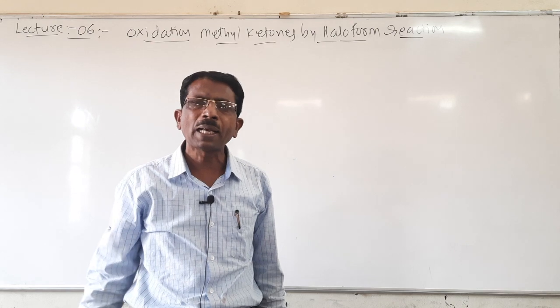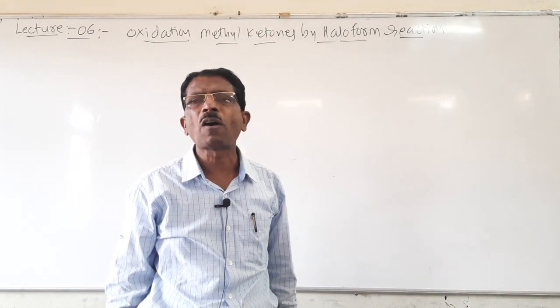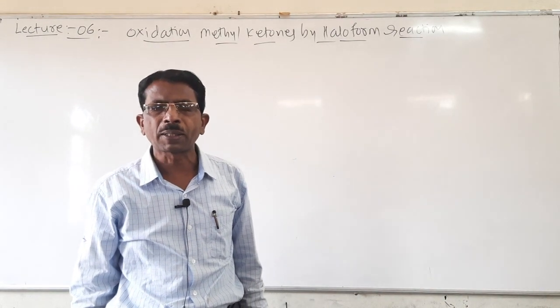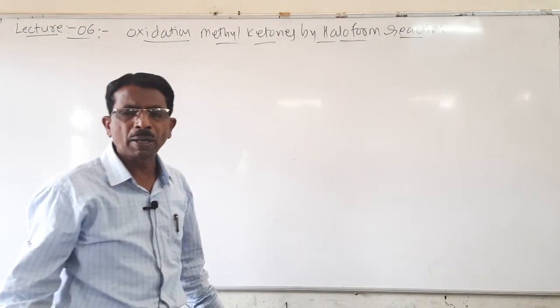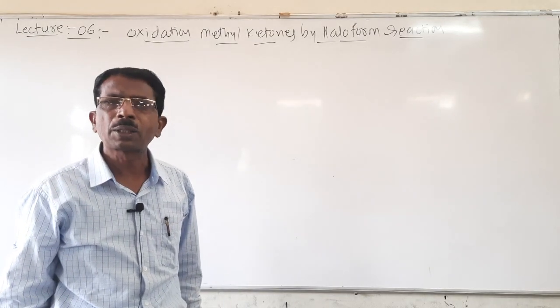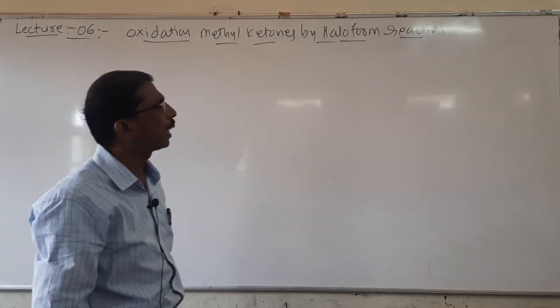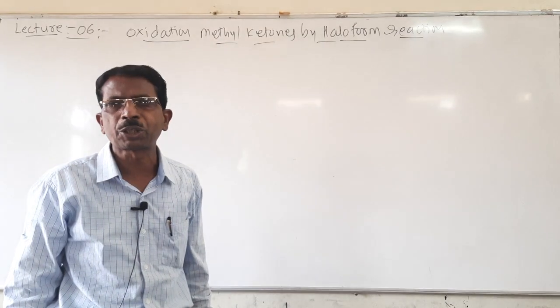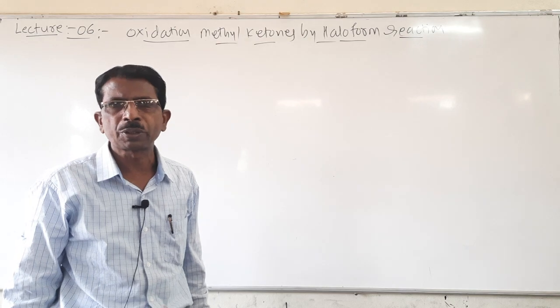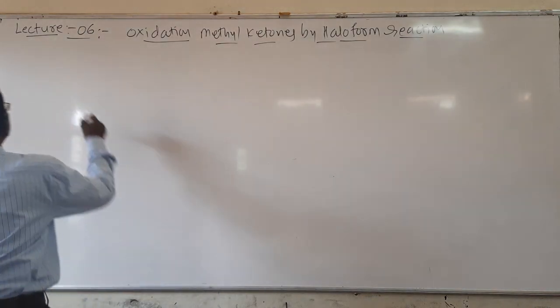And then the methyl group is converted into haloform. It is a very important reaction. It carries 3 marks. They ask: oxidation of methyl ketone by haloform, or explain the haloform reaction in case of ketones.